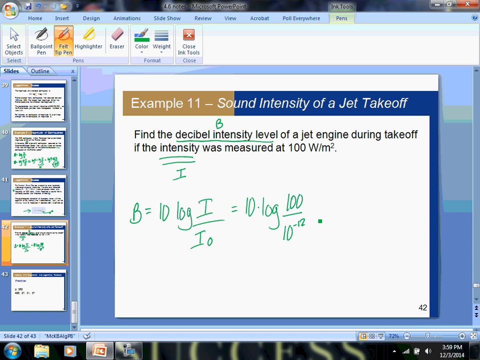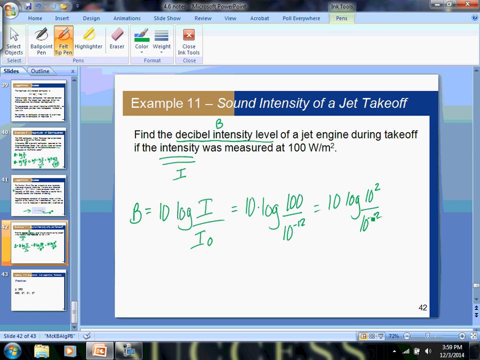Now to simplify this, I'm going to rewrite it just a little bit because I have 10 to a power here, and I can make 100 into 10 to a power. So I'm going to have 10 times the log of 10 squared, because 10 squared is 100, over 10 to the negative 12.